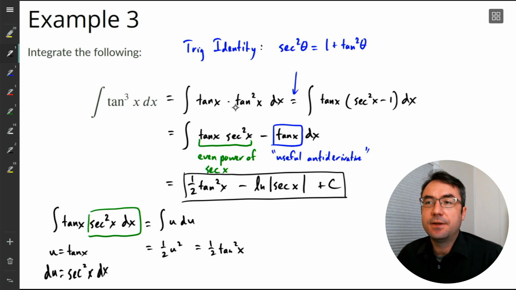So instead, we broke off a tangent squared, used our trig identity, and that was able to convert things into two integrals that we could do. And then we were able to get our answer. So that's one technique: if you get stuck on one of these powers of secant and tangent, just try using the trig identity and see where that gets you.